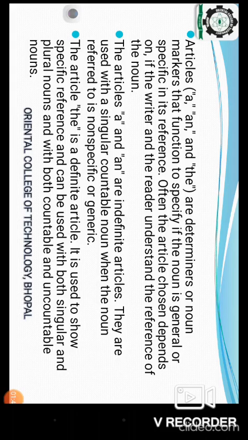They are used with a singular, countable noun when the noun referred to is non-specific or generic. The article the is a definite article. It is used to show specific reference and can be used with both singular and plural nouns and with both countable and uncountable nouns.